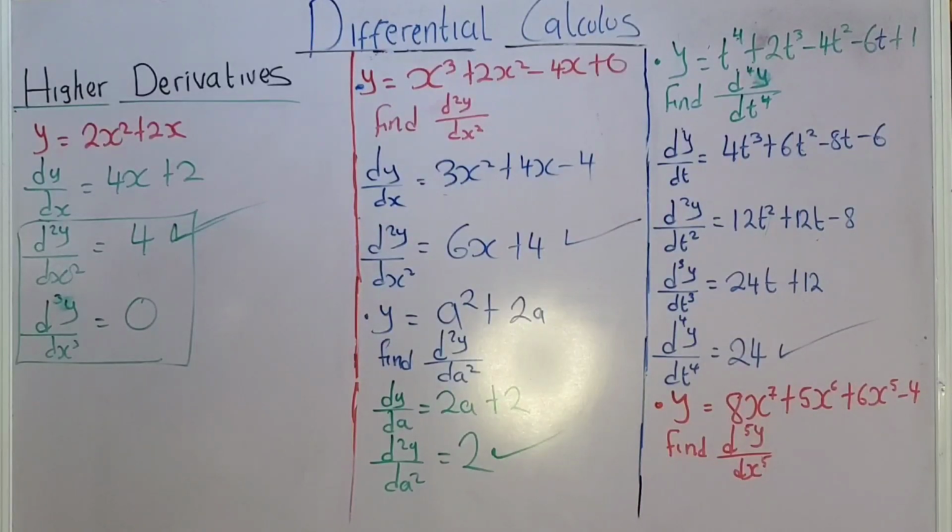Now, how to find the higher derivative of a trigonometric function is what we're going to talk about in our next class, okay? We're going to look at various worked examples on how to find the higher derivative of a trig function, of an implicit function. You see, what we are doing here is just the basic one.